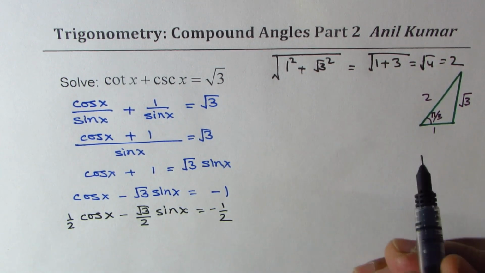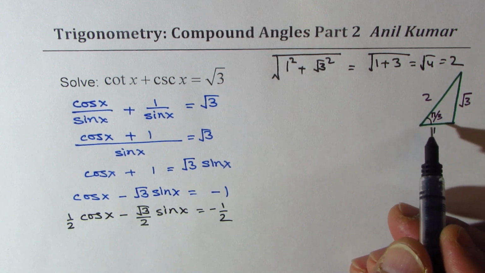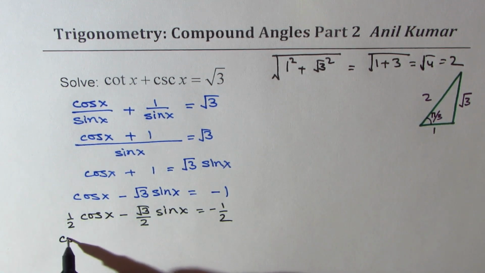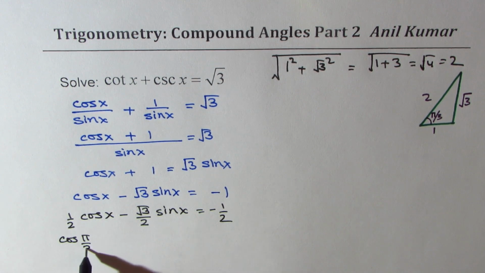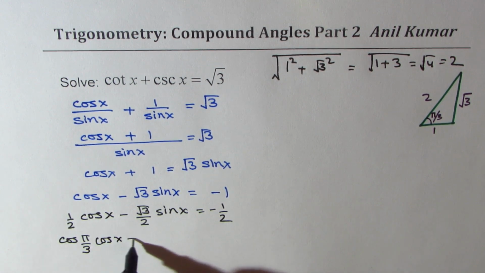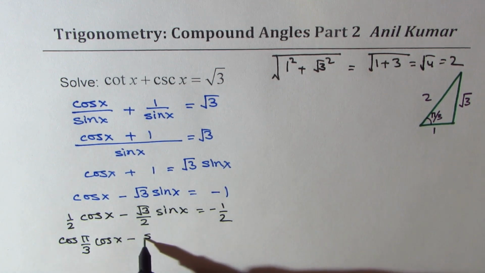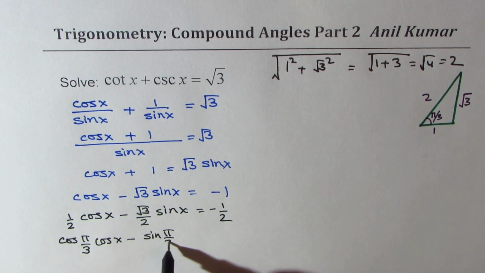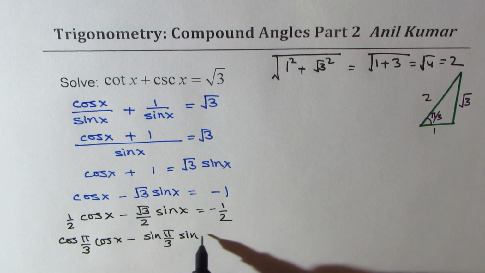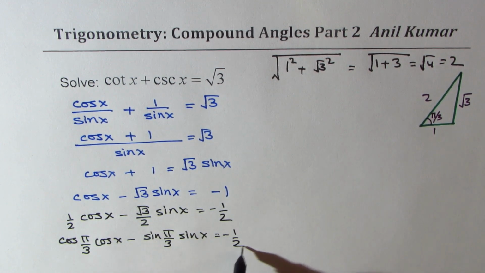As you can see, half could be written as cos of pi by 3. So I'll write this as cos of pi by 3 cos x minus square root 3 over 2, which is sine of pi by 3, sin x equals minus half.